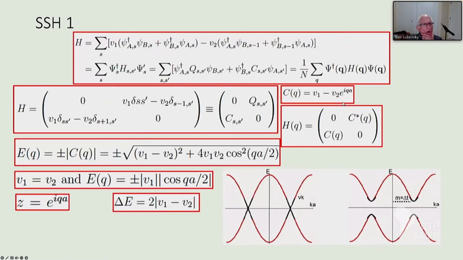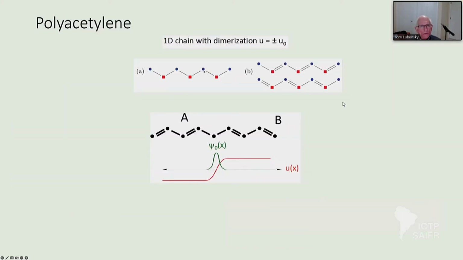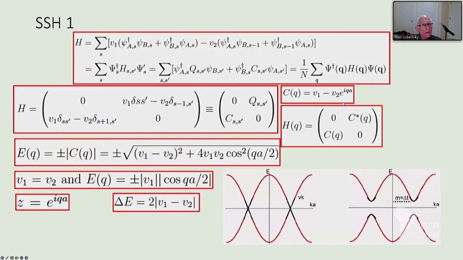So we have V1, psi dagger A, psi B on the same site S. Again, the sites are the blues and the reds, and the lines are the bonds. So we can change a B state to an A state, or hop. Really, I can hop from an A to a B, or a B to an A. You can go either direction.